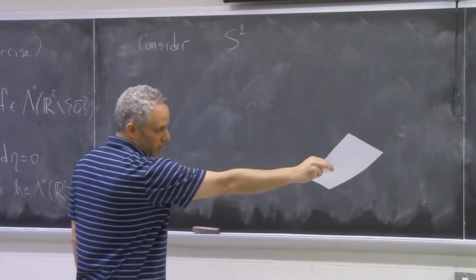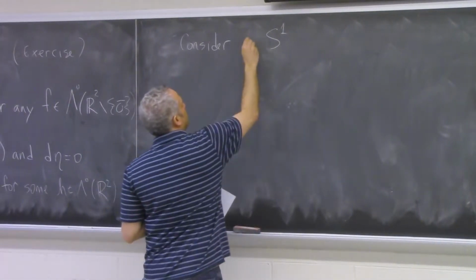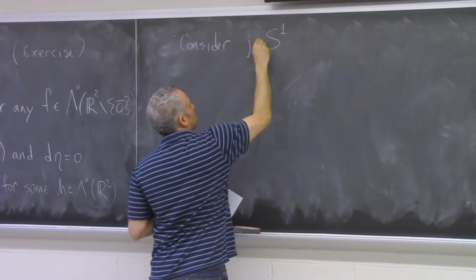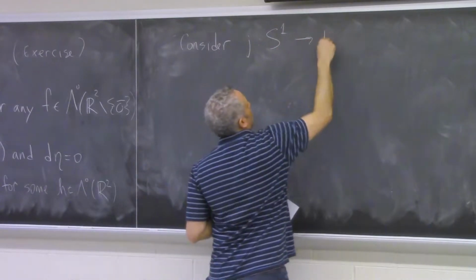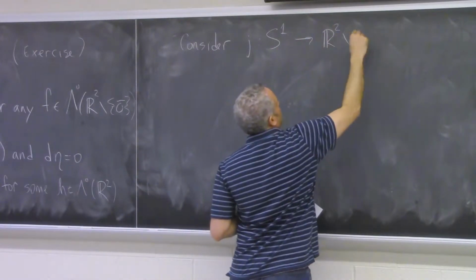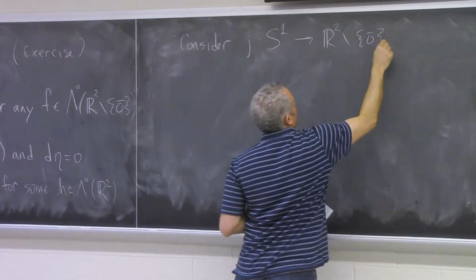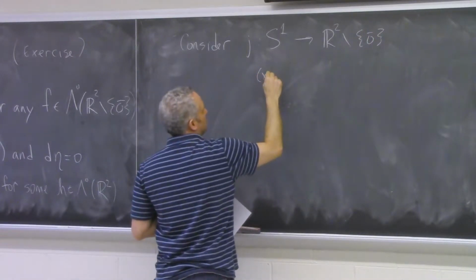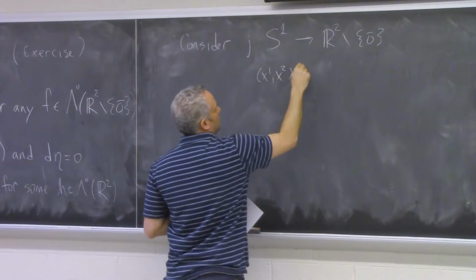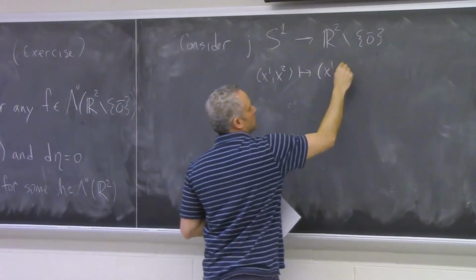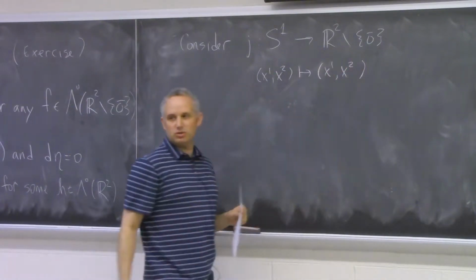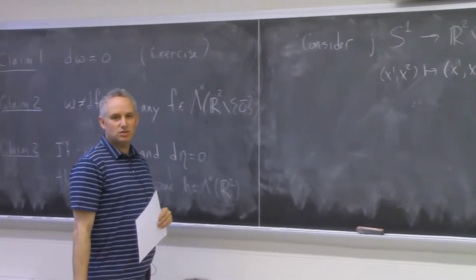And because we're working in R2 minus the origin, we're going to include it in R2 minus the origin. And the map is as simple as possible. We take x1, x2, and we map it to x1, x2, right? You can draw the unit circle in R2 minus the origin, right?